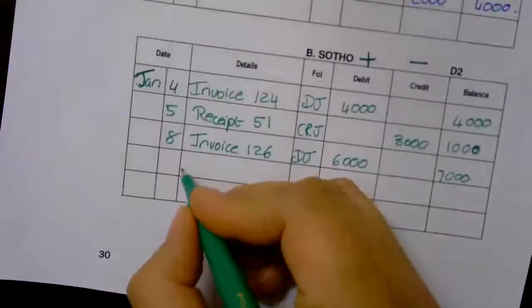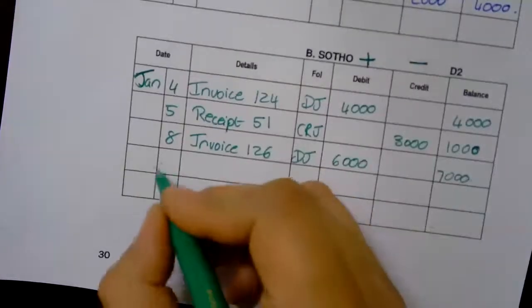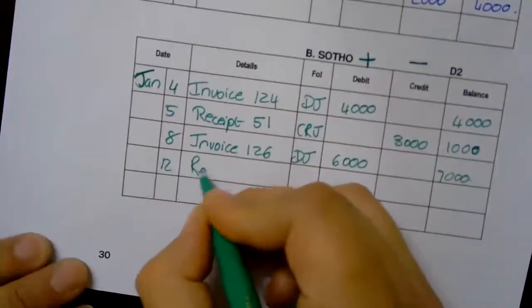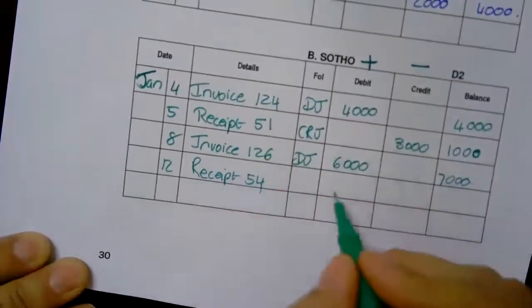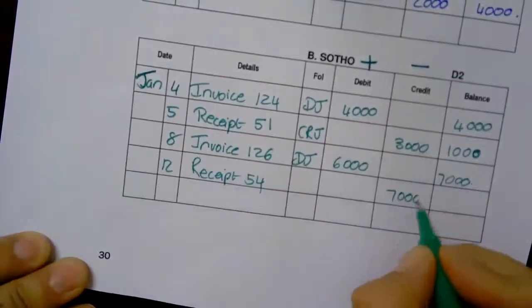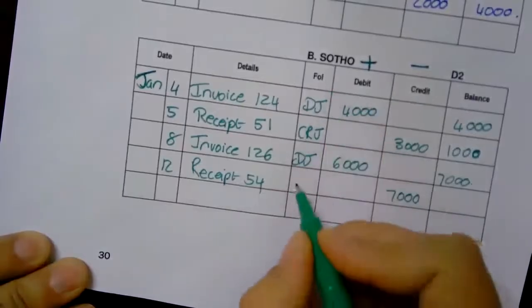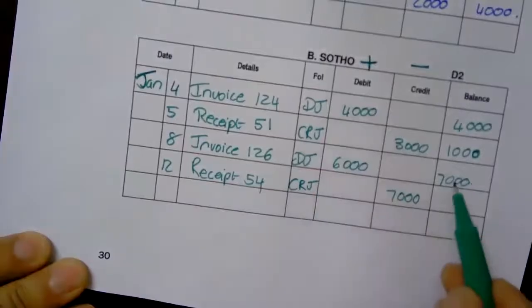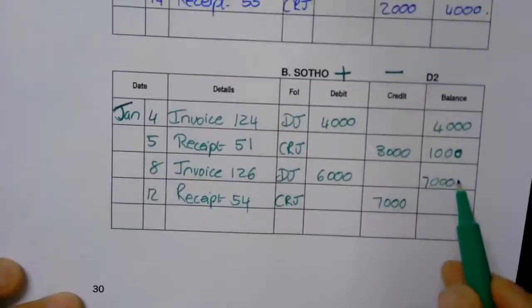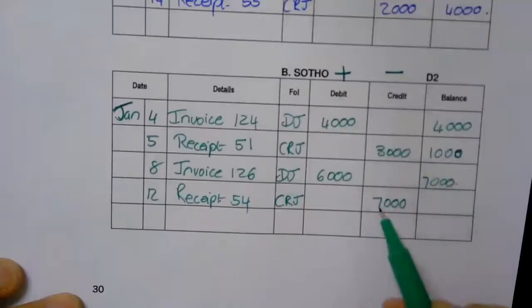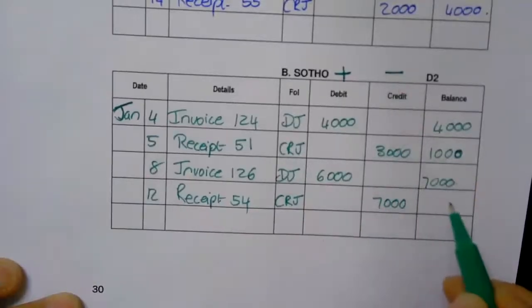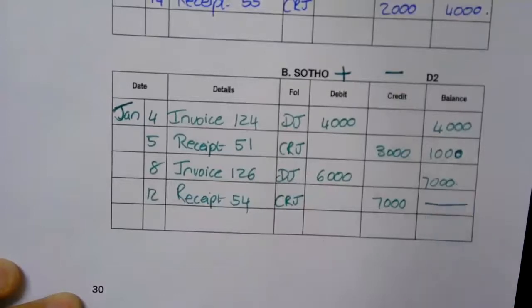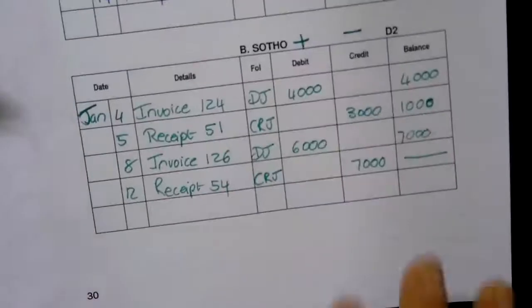So you write the date, which is the 12th, you write receipt number 54, and you write 7,000 Rand on the credit side. Folio, where did you get this information from? From the cash receipts journal. So now he owed us 7,000 Rand balance. He paid 7,000 Rand credit. How much does he owe us now? He owes us nothing. So you just draw a line like that.